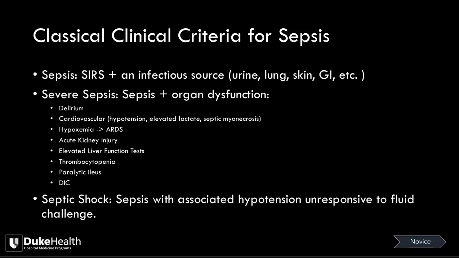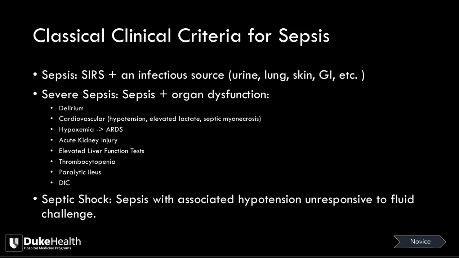From a cardiovascular standpoint, hypotension, elevated lactate, which is a surrogate for hypoperfusion, septic myonecrosis or NSTEMI. You can get hypoxemia due to ARDS from sepsis, acute kidney injury, and elevated liver function tests such as an elevated bilirubin.